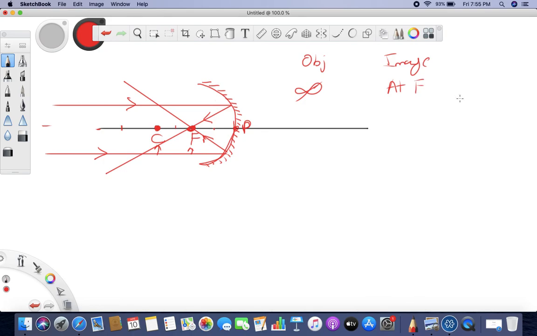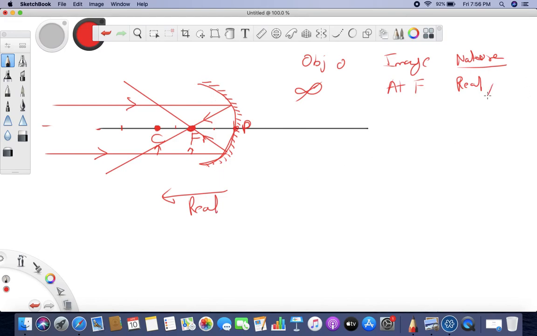If you put your object so far, whatever the size, they meet at some point, a very small point. So the object size must be good, but if you talk about the nature, what type of image do you form? Real. Why real? I told you, if you get your image in front of the mirror, you will get a real image.